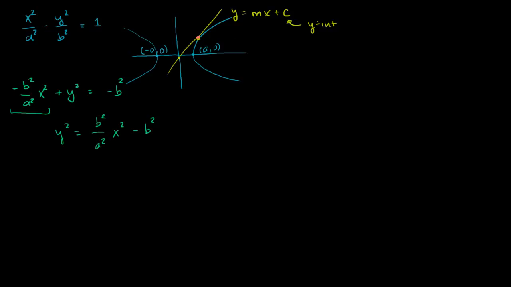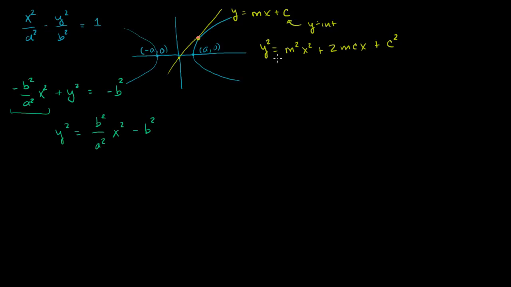So over here in this greenish yellow-like color, if we square both sides, we get y squared is equal to m squared x squared plus 2 times the product of those both terms. So plus 2mcx plus c squared.